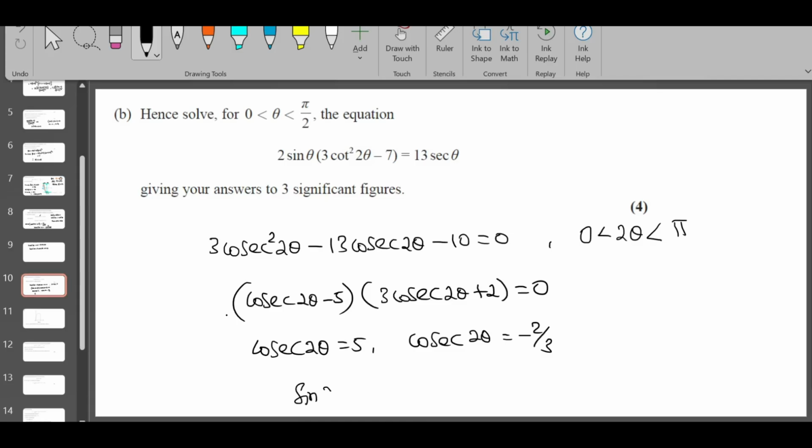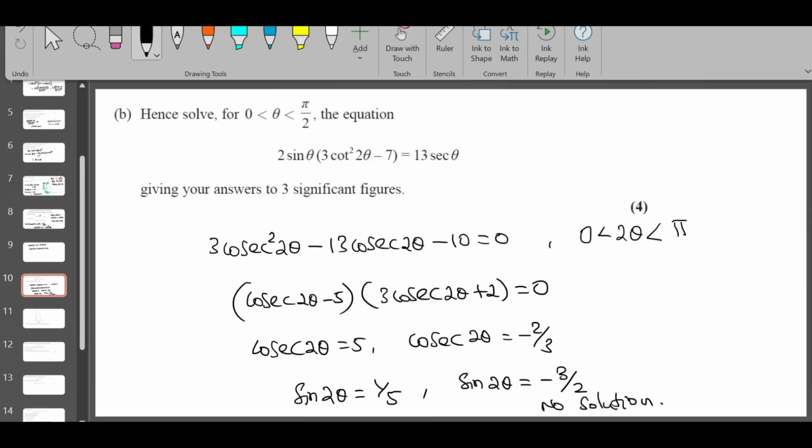This becomes sine 2 theta is 1 over 5 and sine 2 theta is minus 3 over 2. We need to solve these 2 equations in this limit. Definitely the range of sine theta is minus 1 to 1. This is minus 1.5. So for this, no solution.